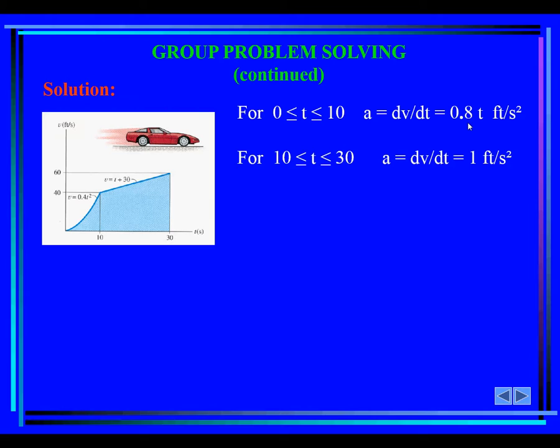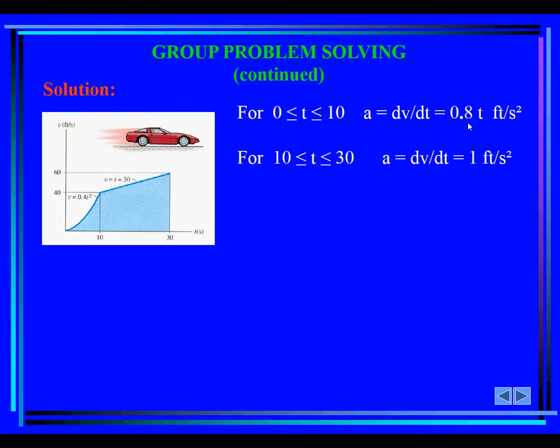If the velocity is a line, not a quadratic as in the first 10 seconds, then obviously a is going to be a constant because it's the slope. In this case it would be 1, because the change in velocity is between 40 and 60, which is 20, divided by the change in time between 10 and 30, which is also 20.